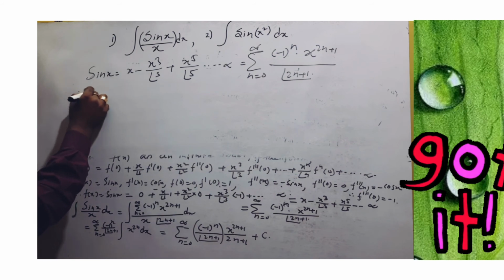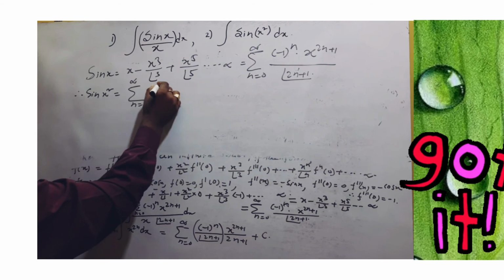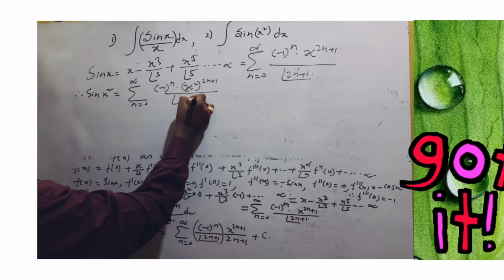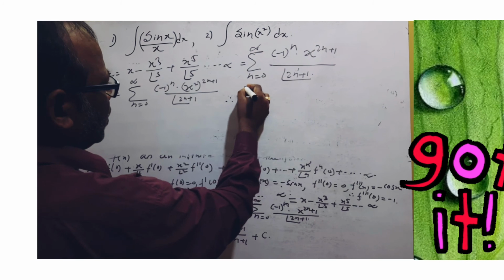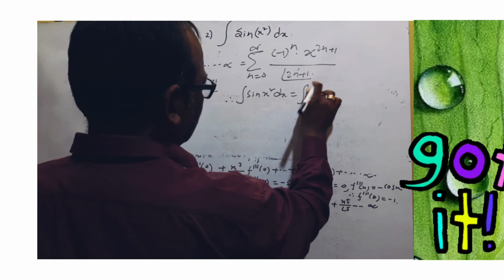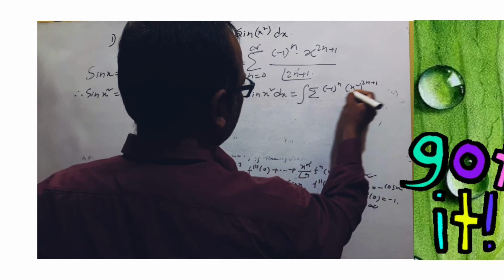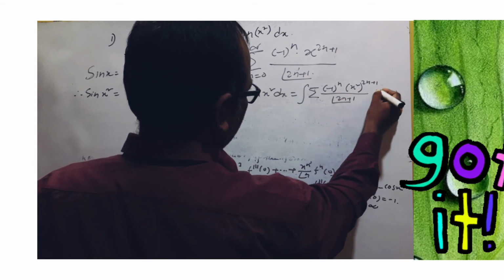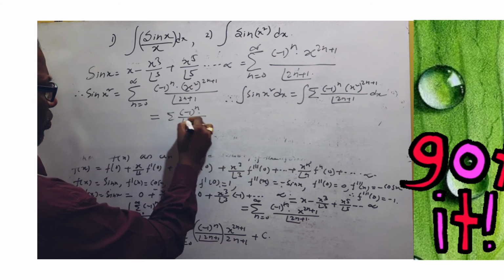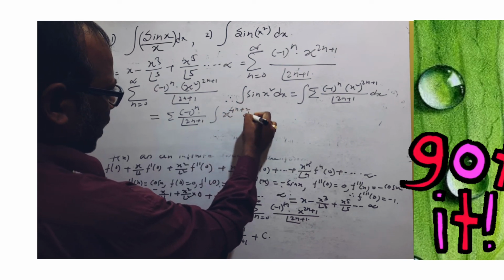Therefore sin x square can be written as the summation from 0 to infinity of minus 1 whole to the power n, x square whole to the power 2n plus 1, whole divided by factorial 2n plus 1. So the integral of sin x square dx is equal to the integral of this, which equals the summation of minus 1 whole to the power n by factorial 2n plus 1, integral x to the power 4n plus 2 dx.